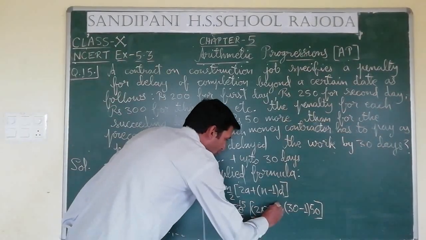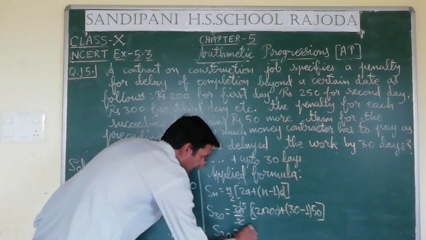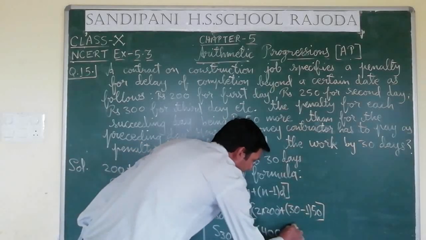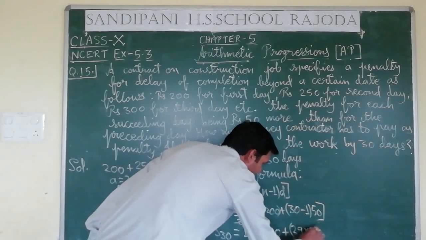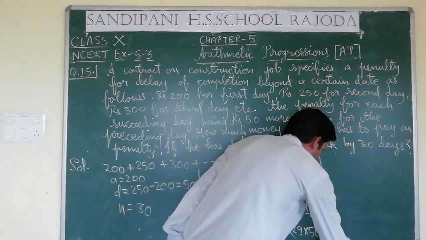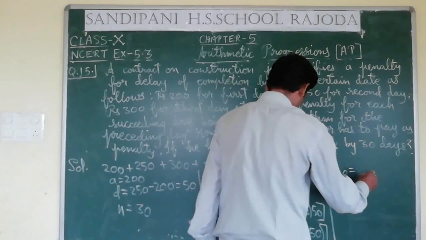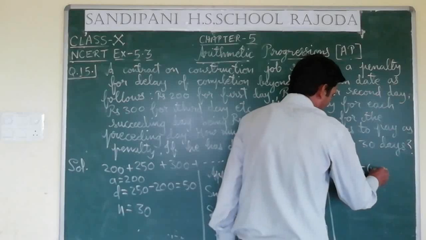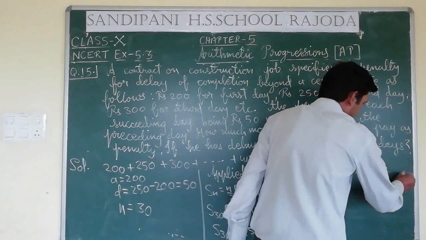Here it is 2 into 200, that will be 400. So sum of 30 terms is equal to 15, and in bracket 400 plus 29 into 50, that we have to multiply. So this will become, on further solution, sum of 30 terms is equal to 15, and in bracket 400 plus, 0 is taken as it is.